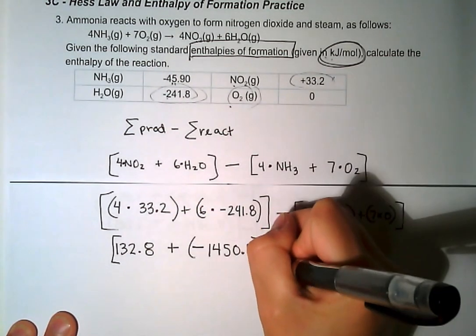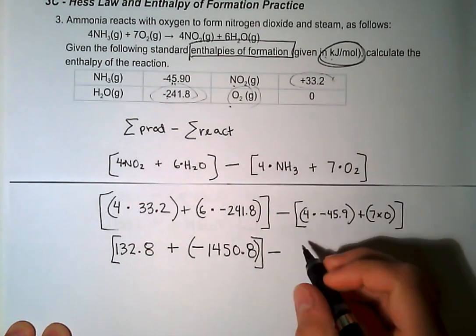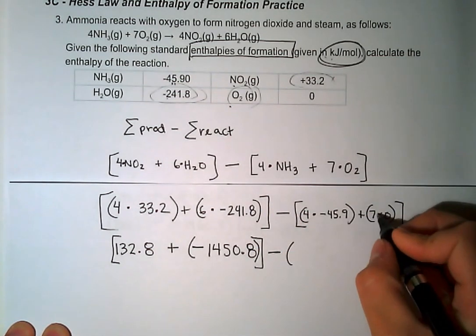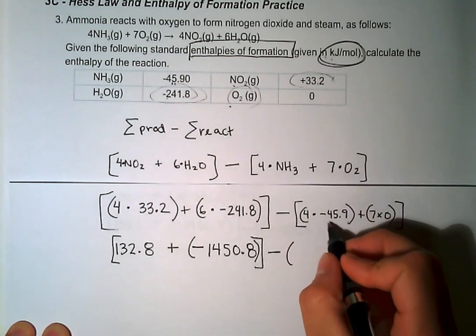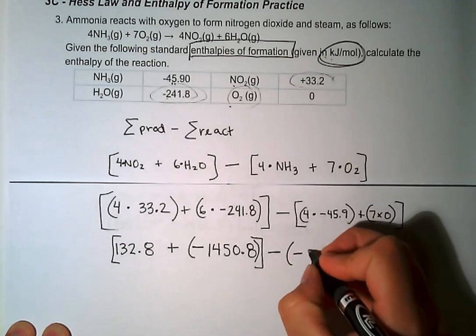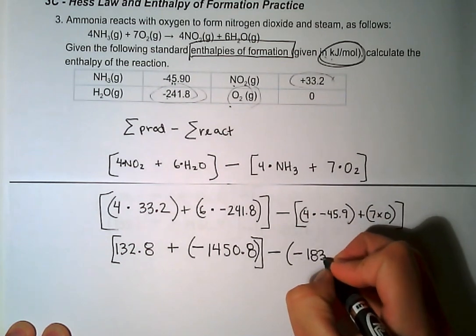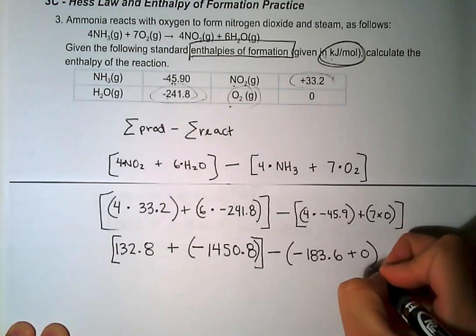I'll put that in parentheses since it's a negative value. Then we're going to be subtracting out these other values. 7 times 0 is going to give us 0, so we just need to do 4 times negative 45.9, which gives us negative 183.6, plus 0, of course.